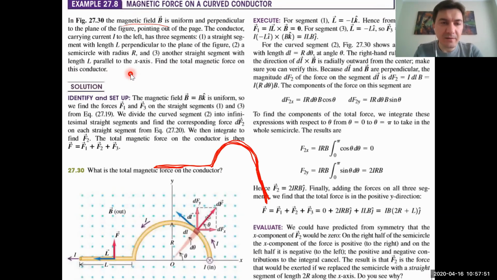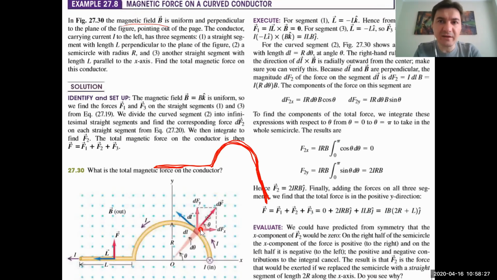So this is the direction of the magnetic field. And we have F1 and F3 from the straight segments here, from that one and that one, we can calculate it. So in case of segment 2 in that part, we have to do something else, okay, which we have already seen.